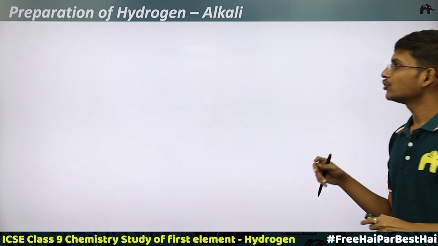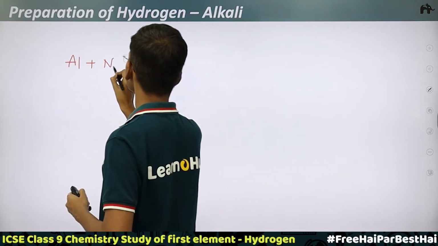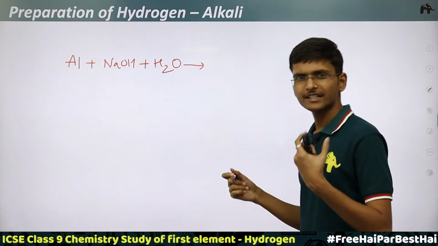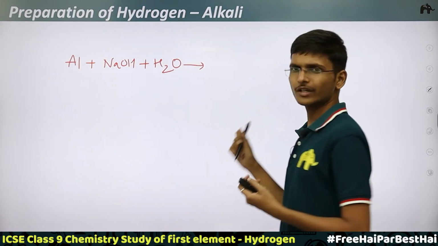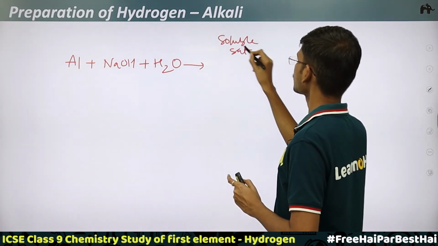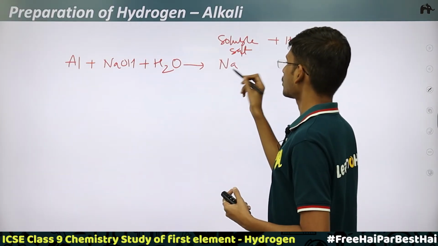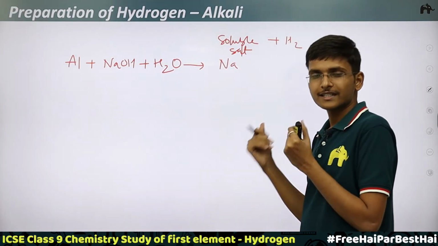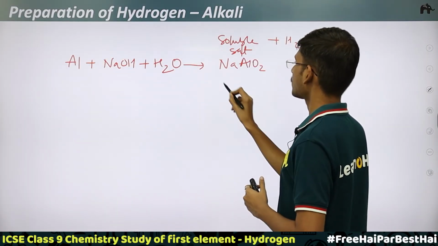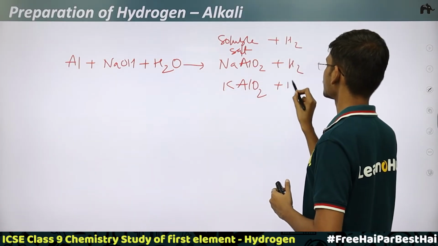In the same manner, aluminium also reacts. But here the reaction of aluminium with NaOH involves water and it forms a slightly different type of product. The product is also a soluble salt, no doubt. The product is soluble salt and hydrogen gas, but the soluble salt has a slightly different formula than the zinc and the lead products. It is NaAlO2 or KAlO2, and hydrogen gas is released.